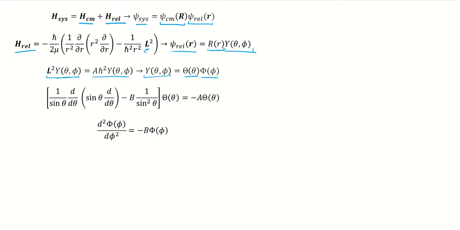When we did this, we got essentially two differential equations, one that's just the azimuthal part, one that's a polar part. Our plan of attack to get the eigenfunctions of our hydrogen atom is to solve these differential equations.